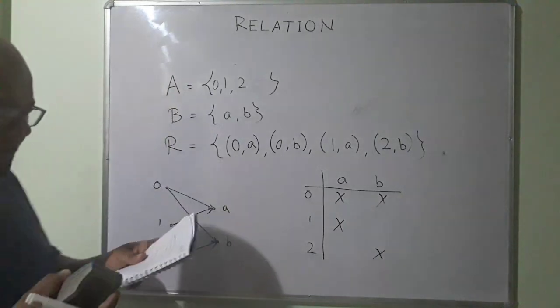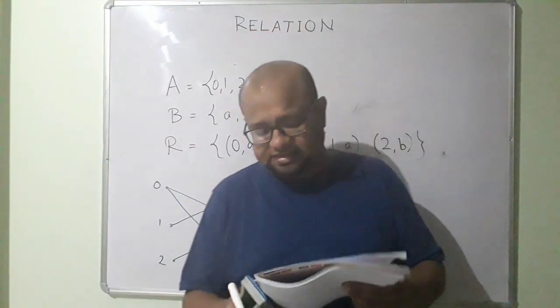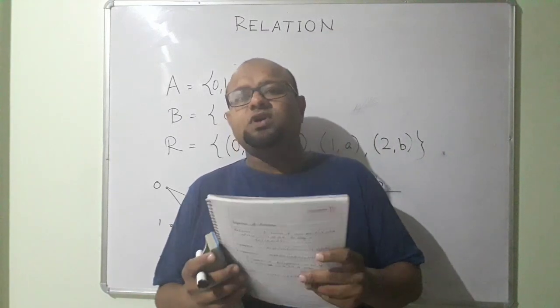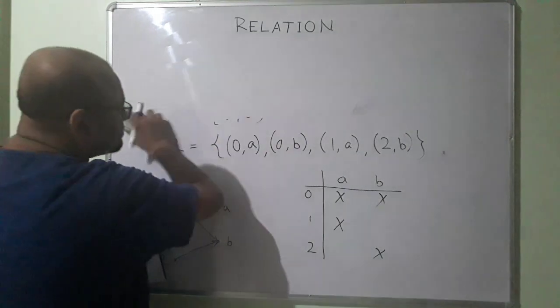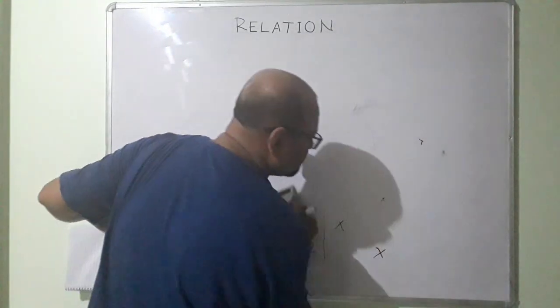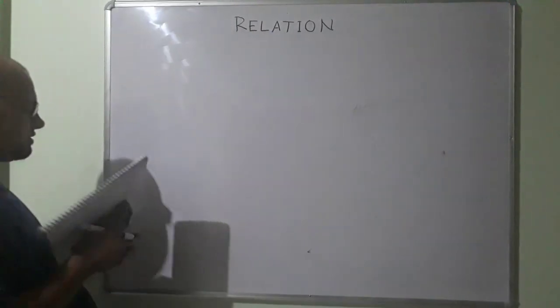Now next topic. Till now we have seen relation between two different sets, right? Now we are going to see relation among one particular set. And what do I mean by that?